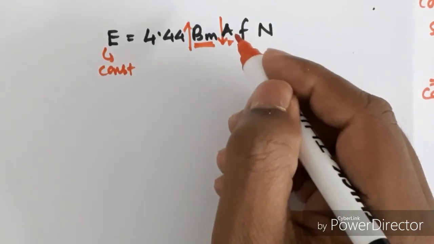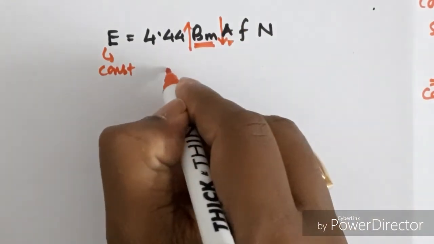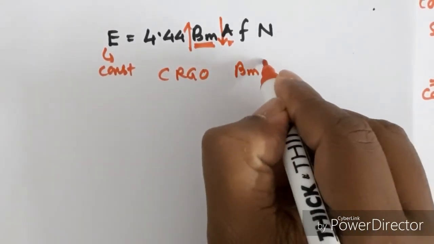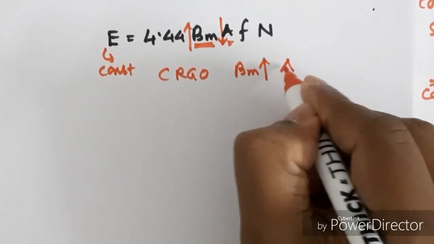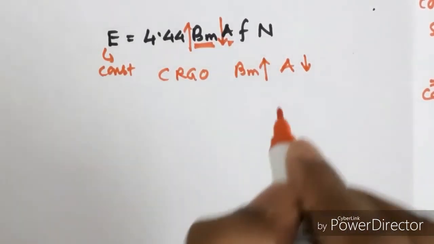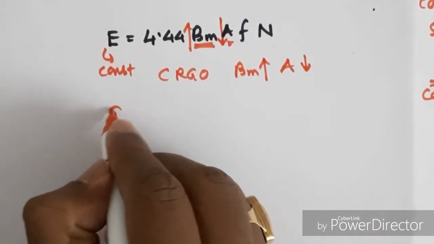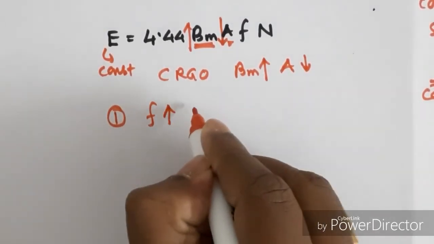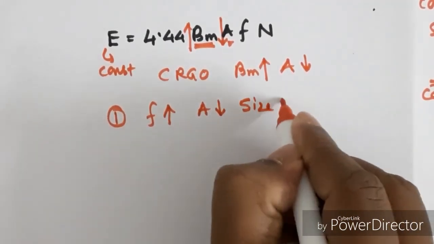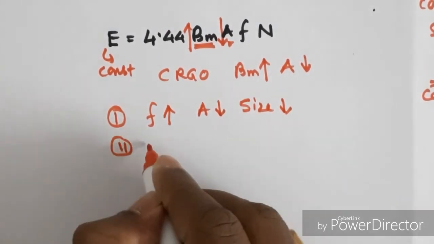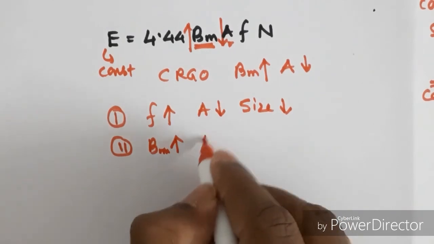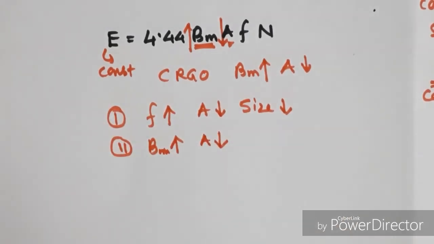By designing the transformer with superior magnetic material, that means CRGO, the maximum flux density Bm increases, area of cross section decreases, and size also decreases. Two points: number 1, by increasing the supply frequency, cross section area decreases, size decreases. Number 2, by increasing the flux density using superior magnetic material, the size also decreases.